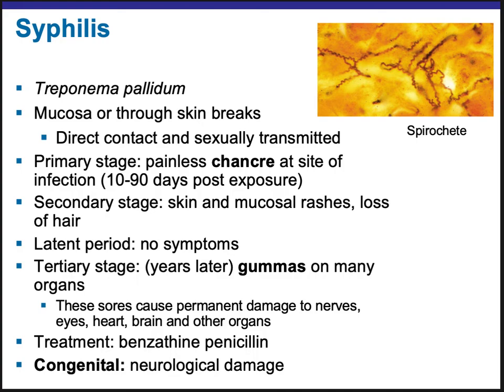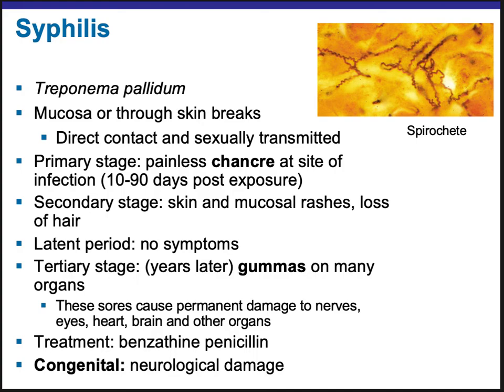Okay, then a couple weeks later, you can enter the secondary stage where it spreads to your skin and you develop a rash, and you can even have some hair loss. Then you go through a period of no symptoms, and that can last years of no symptoms.